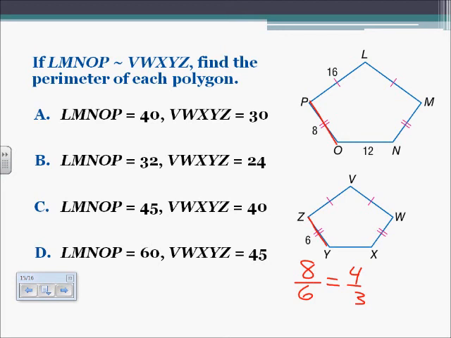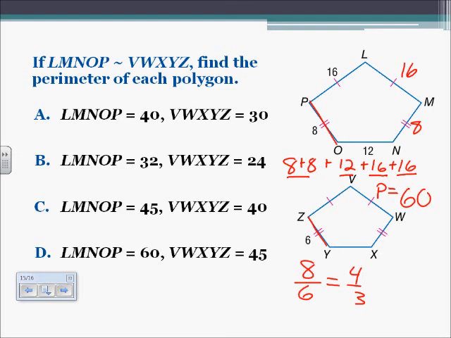From the top figure, we know that we have 8 over here and 16 here, for a perimeter of 8 plus 8 plus 12 plus 16 plus 16. So 8 and 8 is 16, plus 12 is 28, plus 16 is 44, plus 16 is 60. So the perimeter of the top figure is 60.